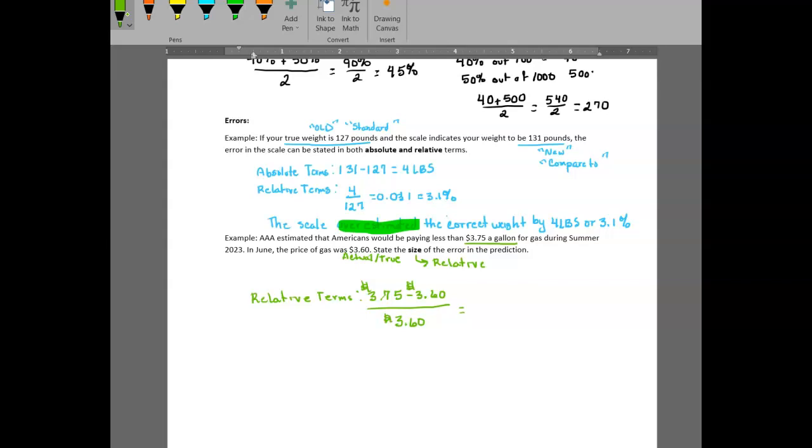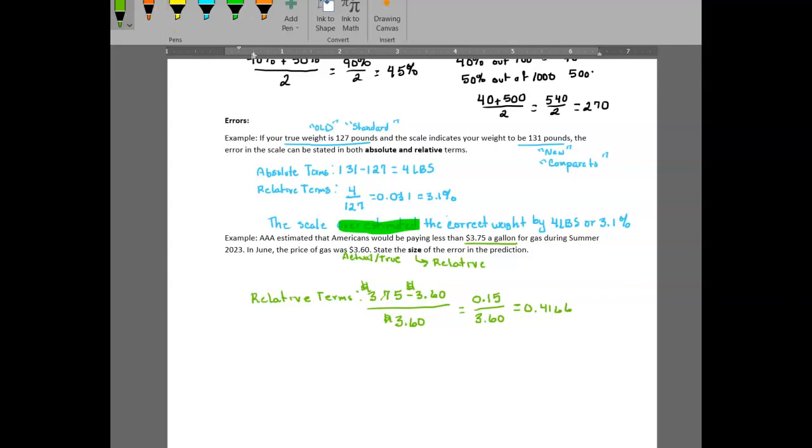So they were over by 15 cents. We know that, but it's asking for the size, so we have to do the division. So we have 0.15. So it's off by 15 cents out of our $3.60, which gives us 0.4166.